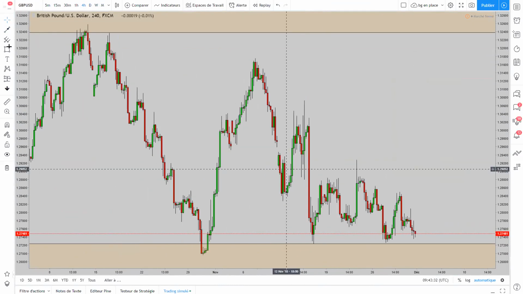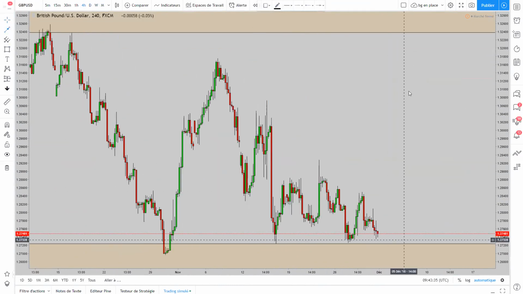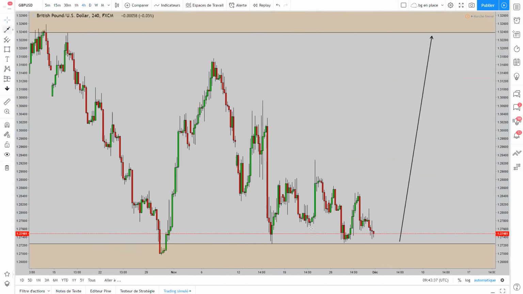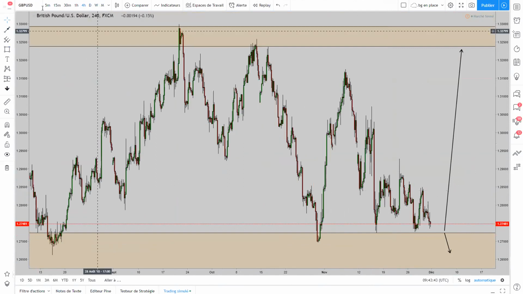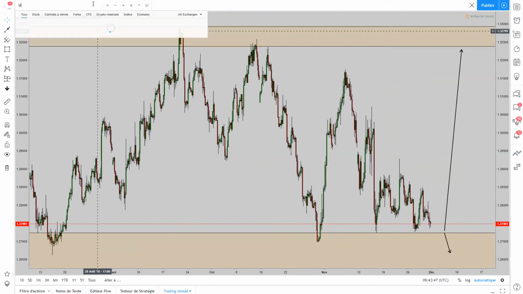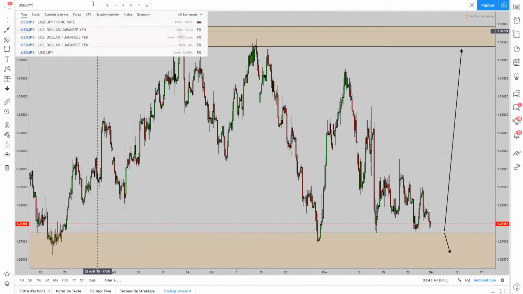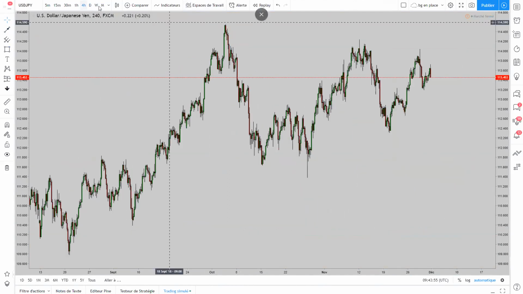It's like you're either bouncing to the resistance or breaking through the support. Okay, maybe we could bounce to the upside and maybe Theresa May is going to get the deal and we're going to get like 400 pips.